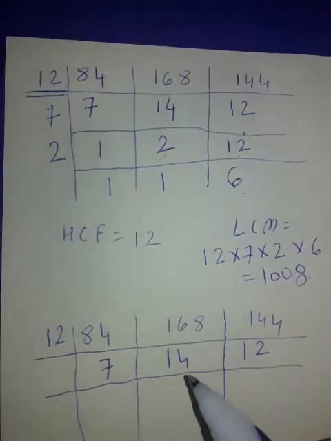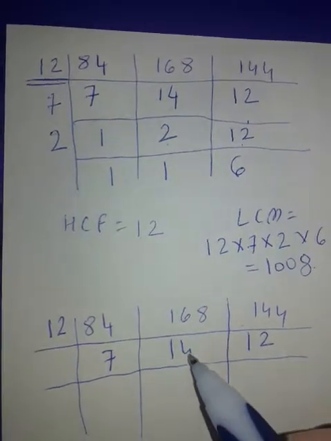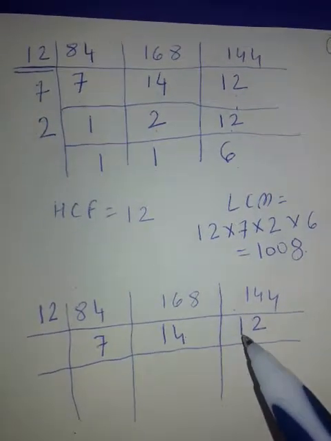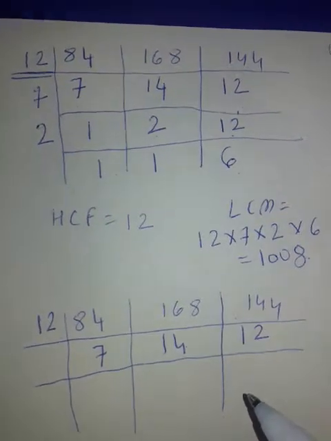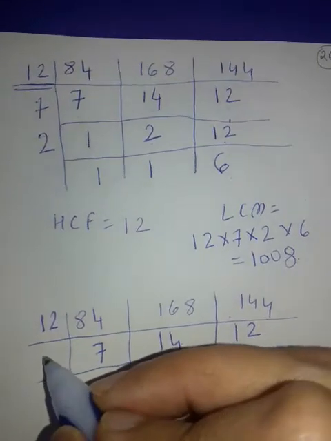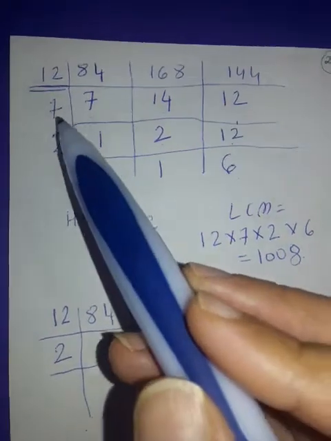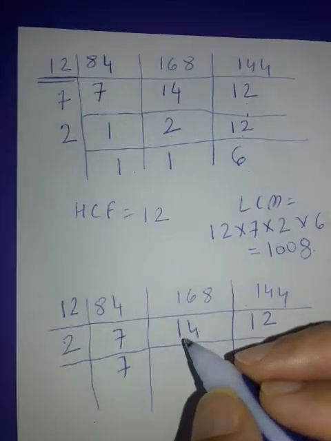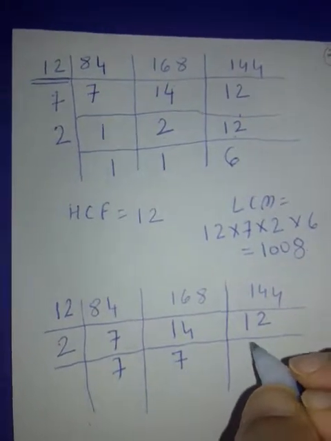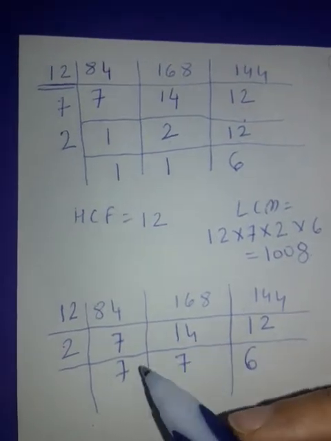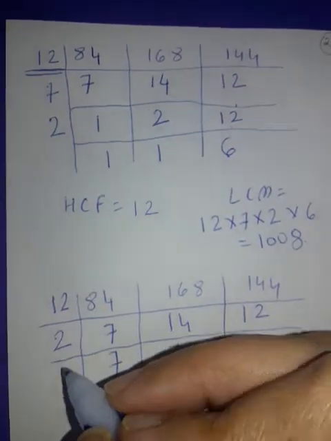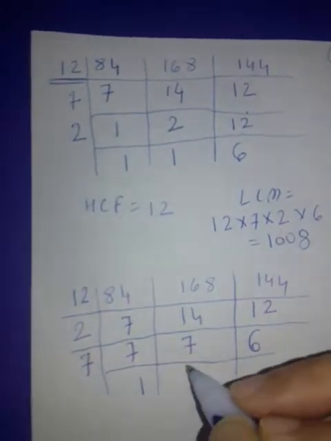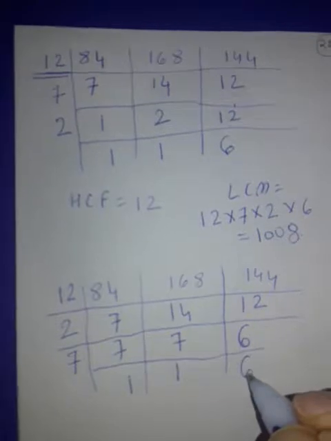But what if instead of taking the common factor here first, I took a common factor here first. 14 and 12 also have a common factor, which is 2. So first I took common factor 2, instead of 7. So 7 will be as it is. This will be 2 7s and this will be 2 6s. Now between 7 and 7 there is a common factor 7. So 7 1s, and 6 remains as it is.